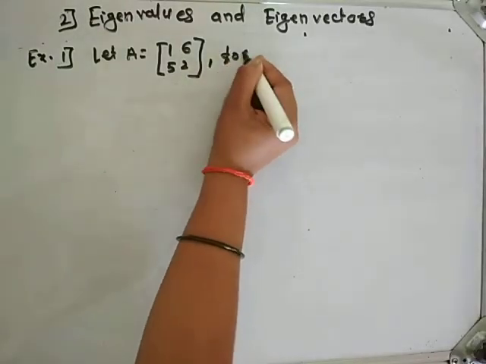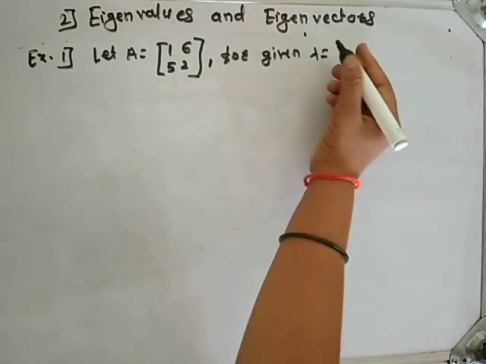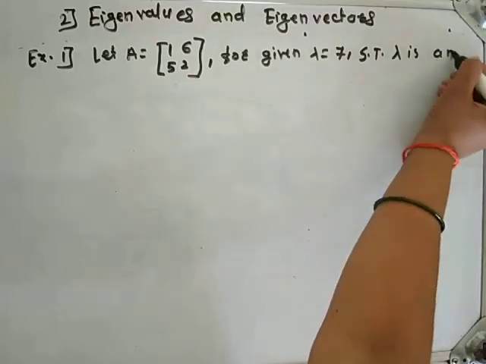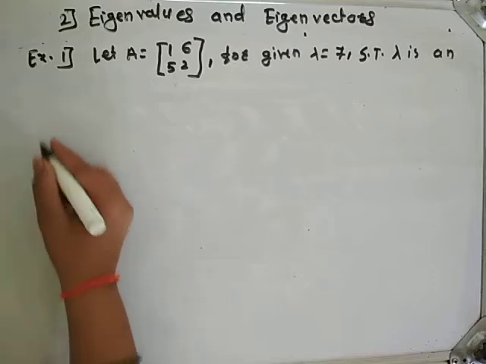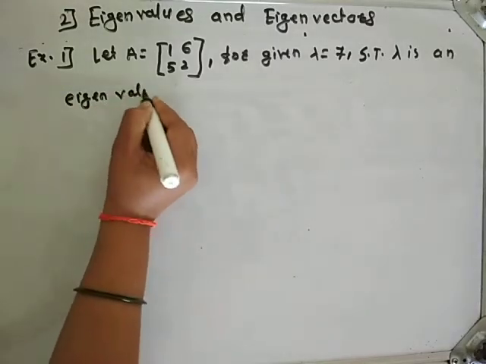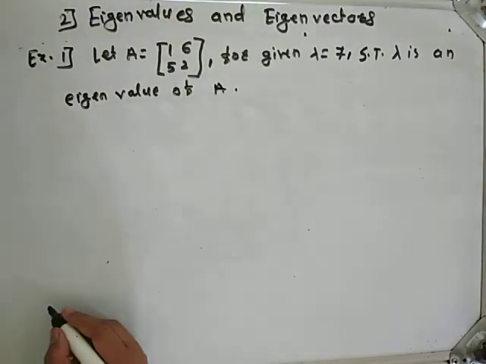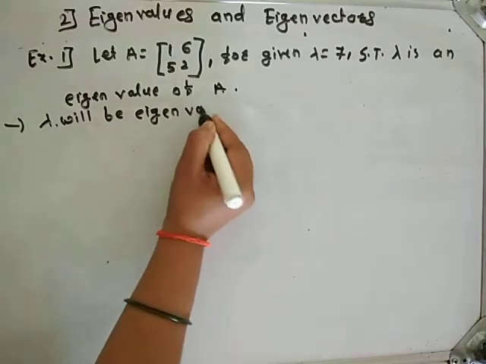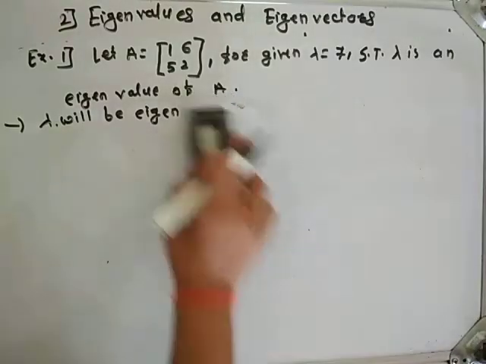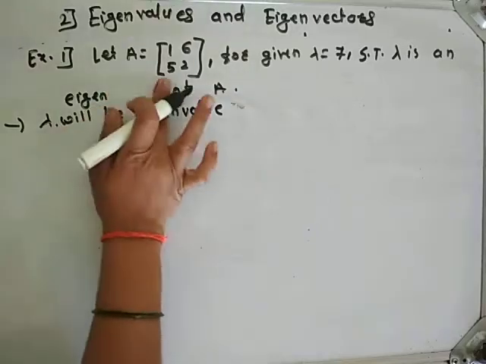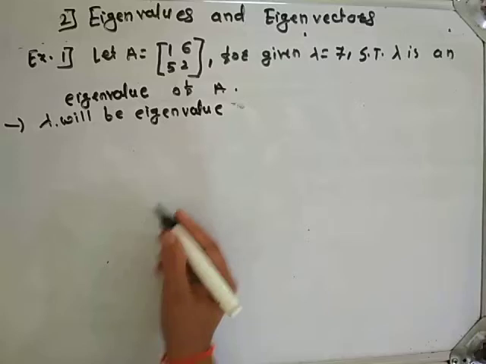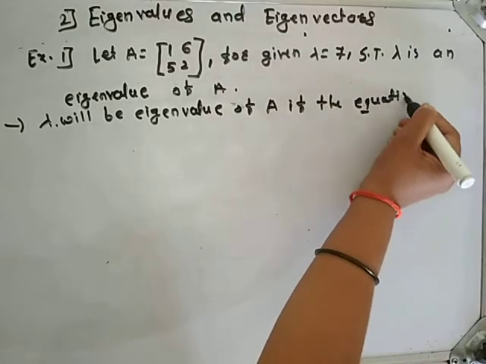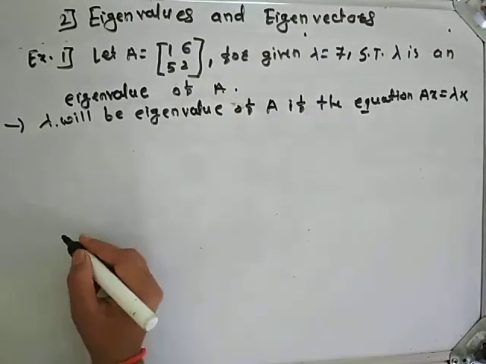For the given lambda = 7, we show that lambda is an eigenvalue of A. Lambda will be an eigenvalue of A if the equation Ax = lambda x has a non-trivial solution.